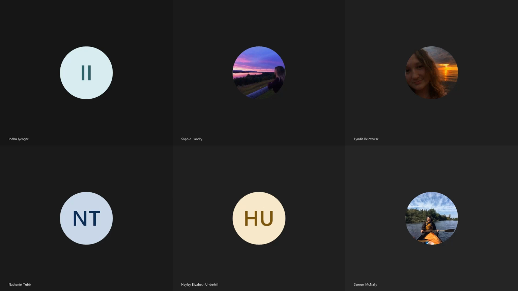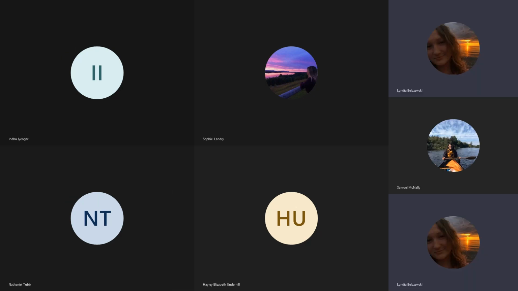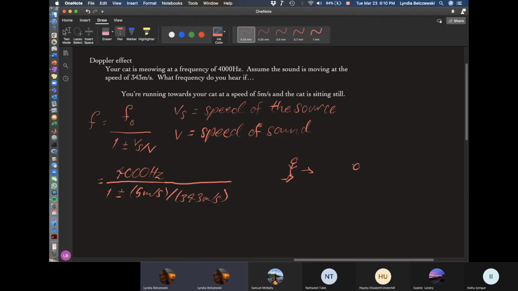So here you are running towards the cat. There's the cat. And the cat is meowing. And there's the sound waves that the cat is meowing and sending towards you.